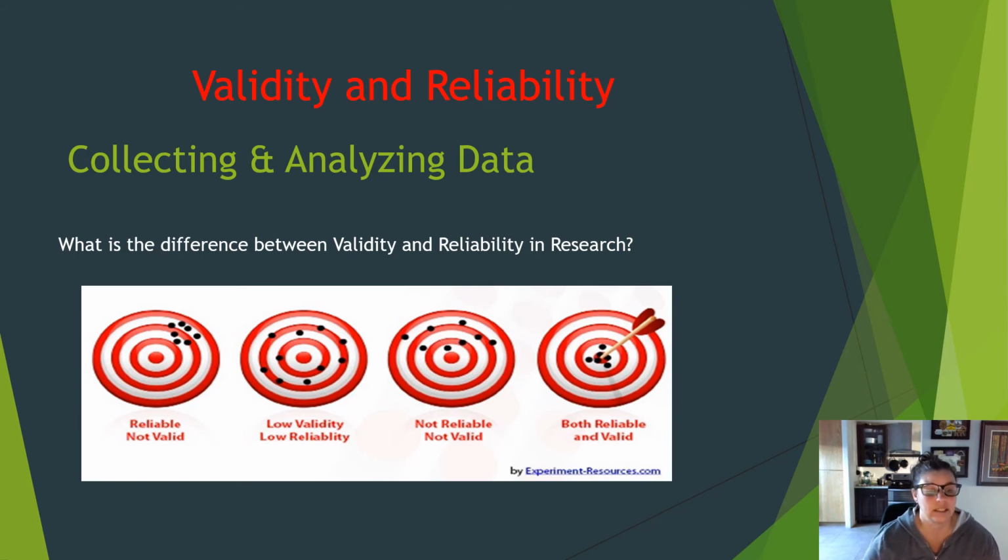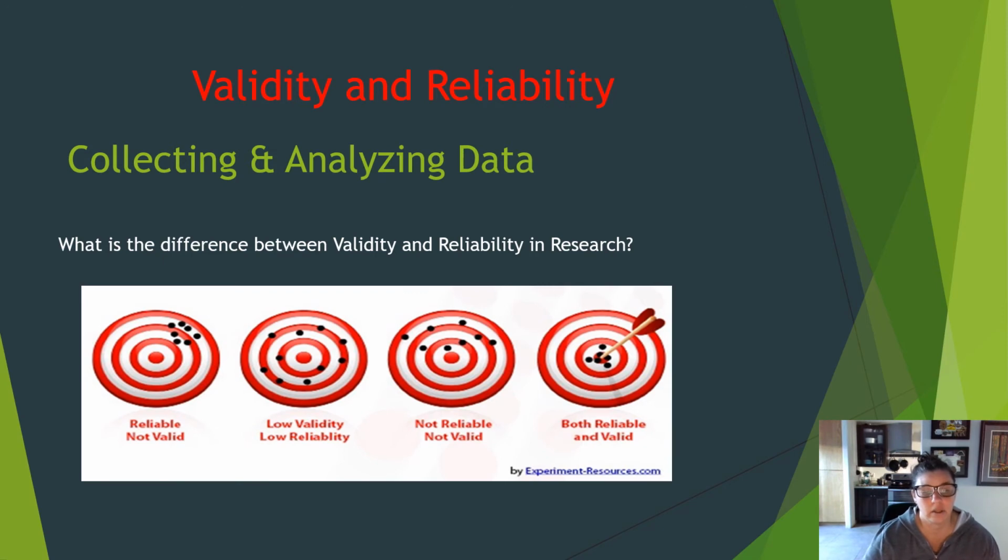And we have an example here of not reliable, not valid, right? Because they want to measure this part, but they're measuring over here. So they're reliable, but they're not valid. They're reliably, consistently measuring something different, and they're doing it over and over again, but they're not measuring what they want to measure.